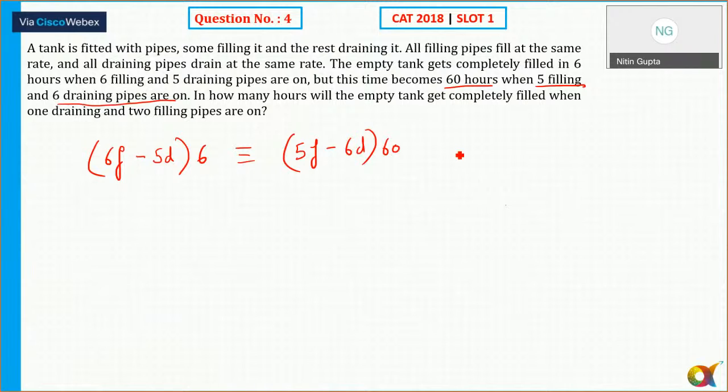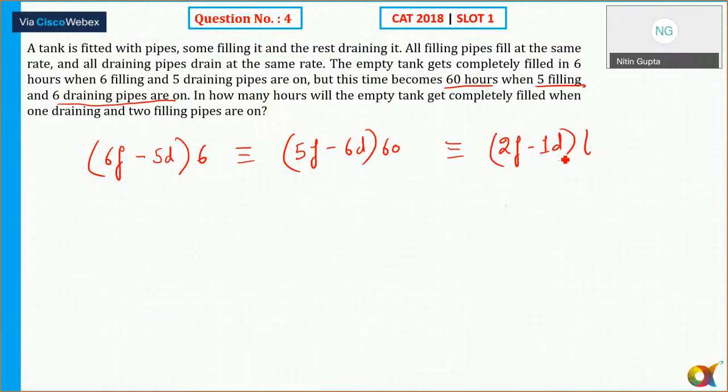And then the question is, in how many hours will the empty tank get completely filled when 1 draining and 2 filling pipes are on? So I need to find the time taken by 2 filling pipes and 1 draining pipe, so minus 1D here. That is the equation.